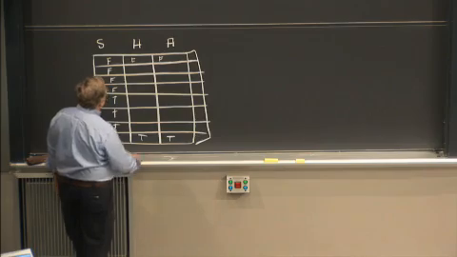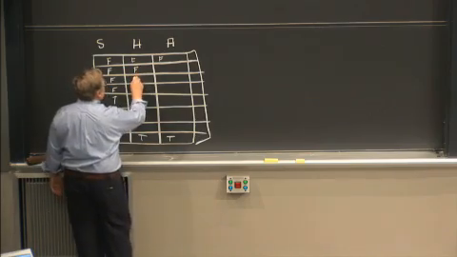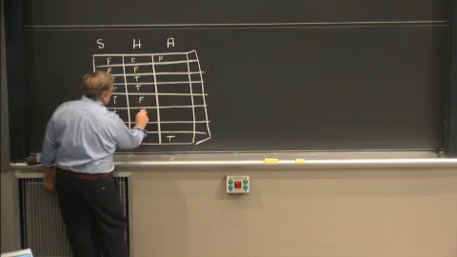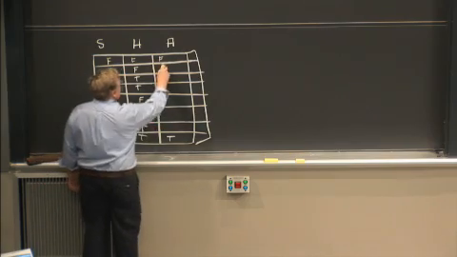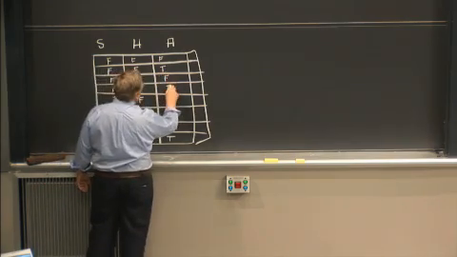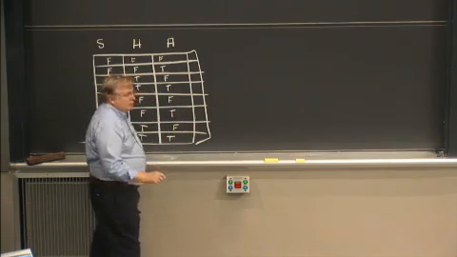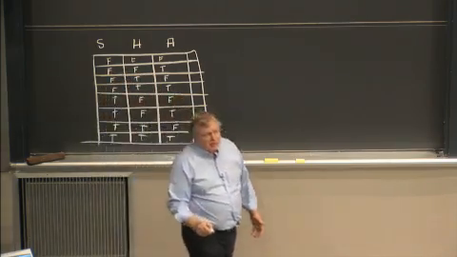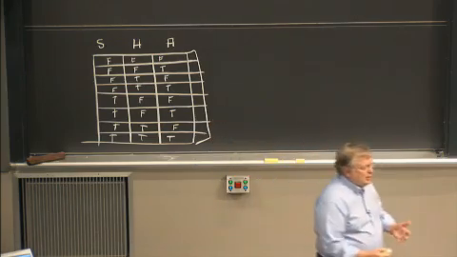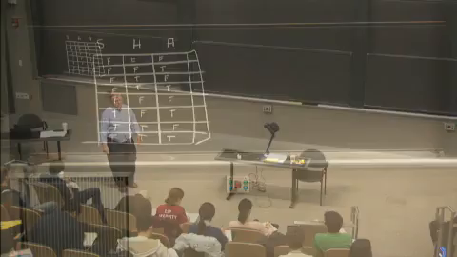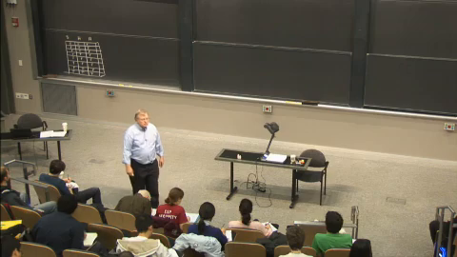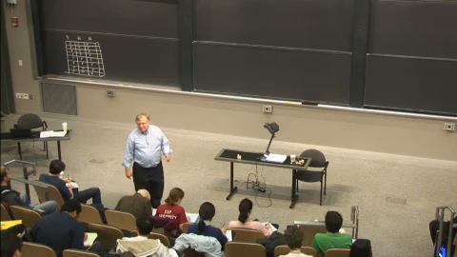So those are those combinations. Then we have F, F, T, T, F, F, T, T, and so on. So it's plain that the number of rows in the table for these binary possibilities is 2 to the number of variables. And that can be a big number.